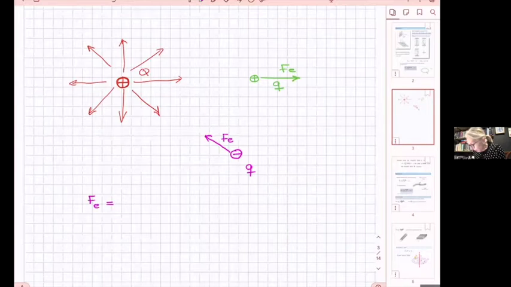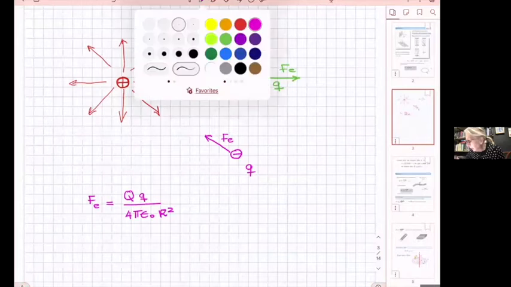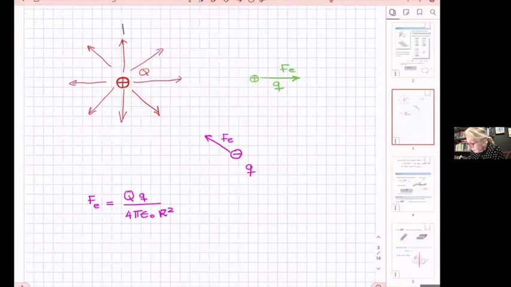And we found that this electric force was Q times lowercase q over 4 pi epsilon naught r squared, where r was nothing else but the distance between the two charges, r.